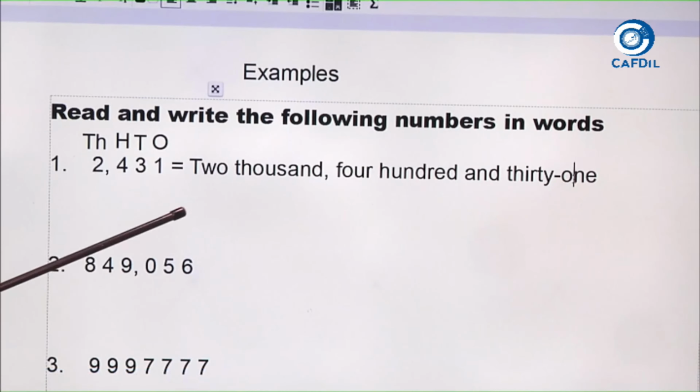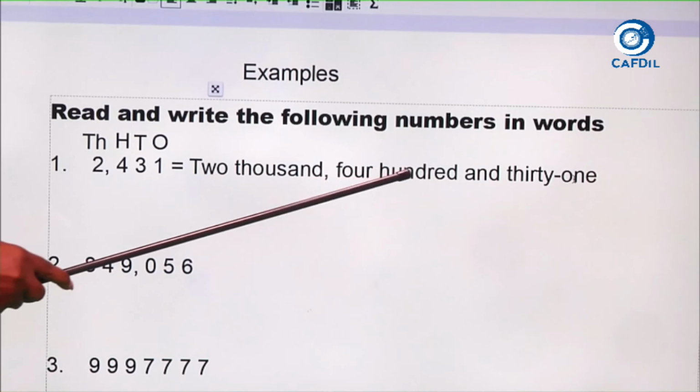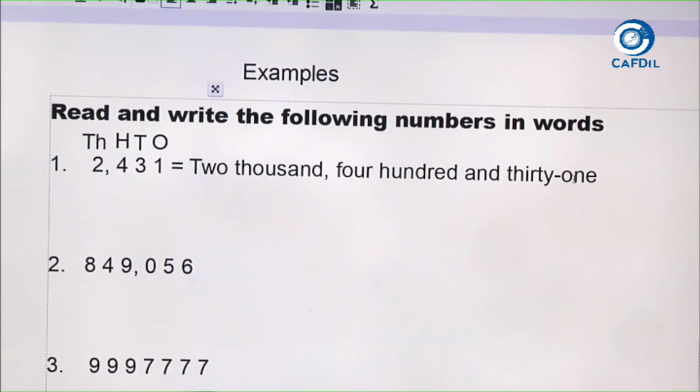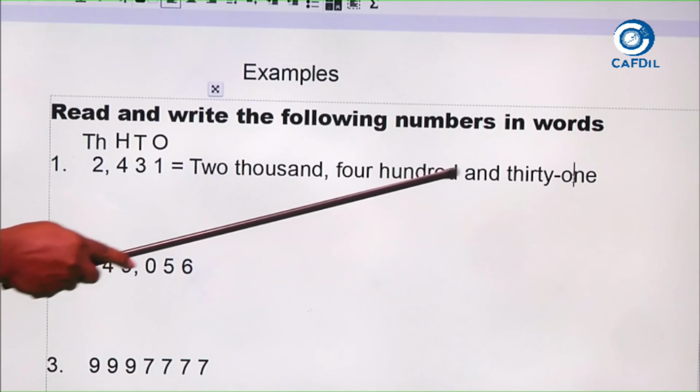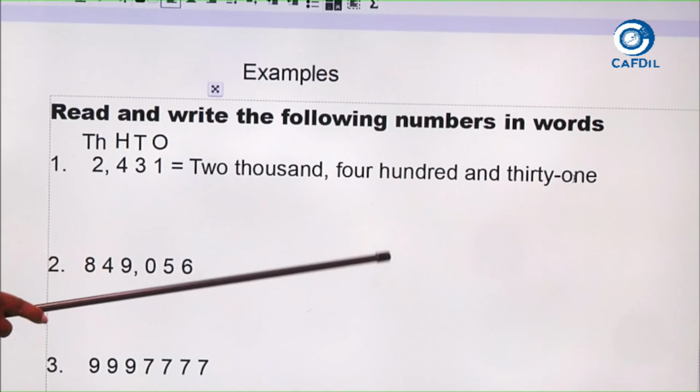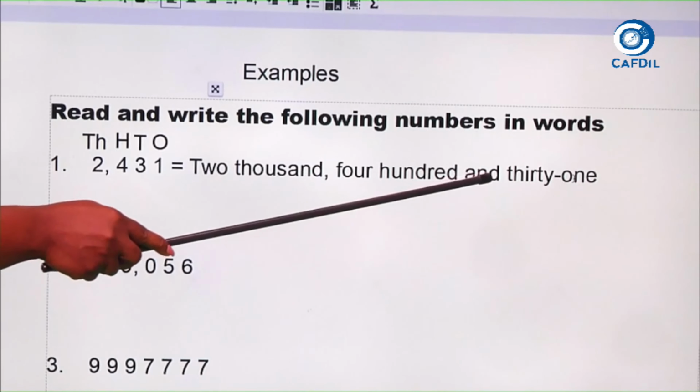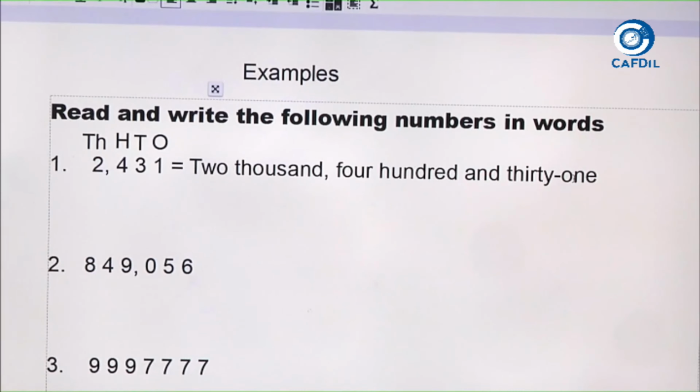Okay, so we have 2,431. So after the first group name, 2,000, there's a comma. 400, between every hundreds and tens, there should be an "and" between.